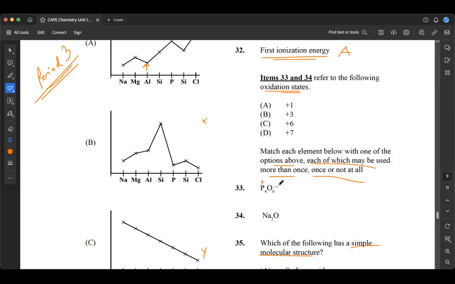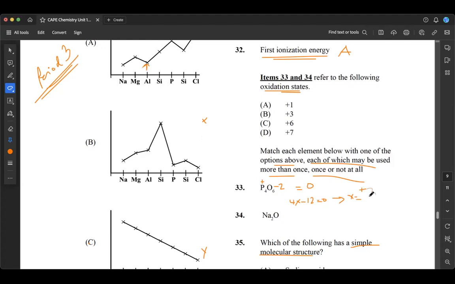So we know that oxygen would be -2, so everything has to add up to 0. So for P, it would be x minus 12 equals 0, so the oxidation state of that phosphorus has to be +3, right?